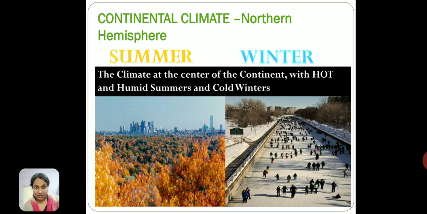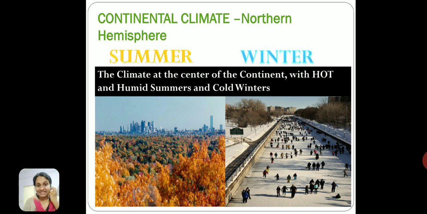So it is going to be cold, but it is not going to be as cold as it is in the polar zones. We will study about that later. The summers are warm and beautiful. The nature in summers is beautiful. There are many colors that you find in nature, and winter is going to be in different forms.